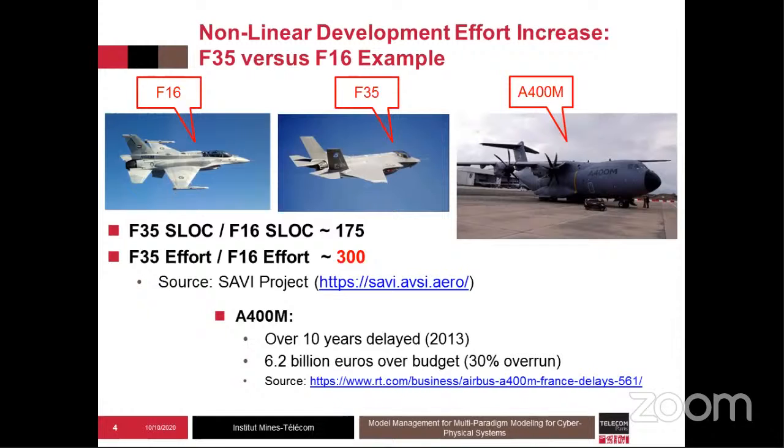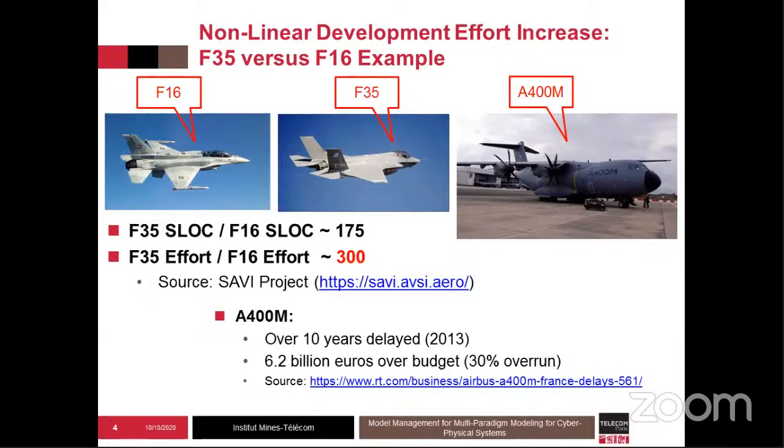And if you compare the development effort of this aircraft compared to the F-16, you find out that it's 300 times. So we clearly see here that these efforts are not linear at all. So it shows a real problem.